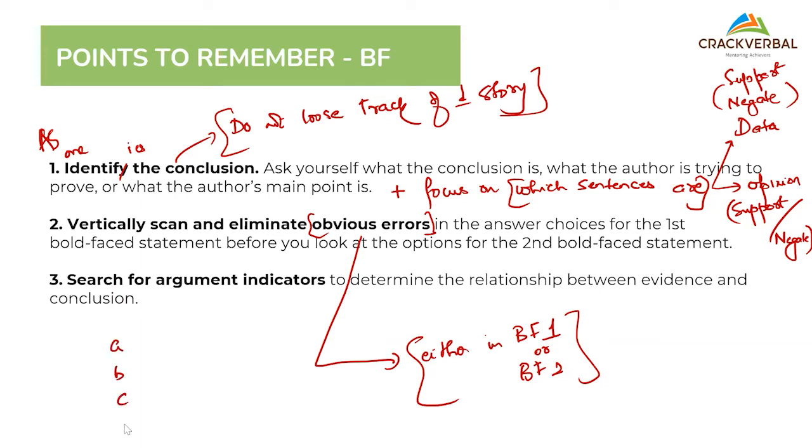I will look at the options A, B, C, D. Okay, I'm just writing 4 options now, although it's a 5th option. I will check in the options for any option where the first is not an evidence, I will cancel it, because I know 100% it is data. Forget evidence, it is data. If any option says it is an opinion or a claim or a thought, I will immediately cancel those options. So instead of taking both, take either one, BF1 or BF2, for fast elimination.